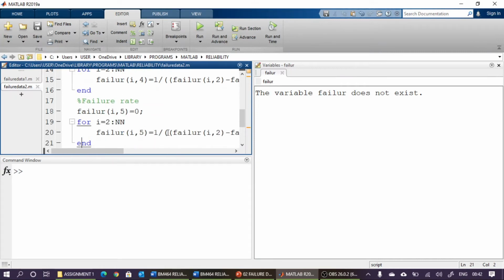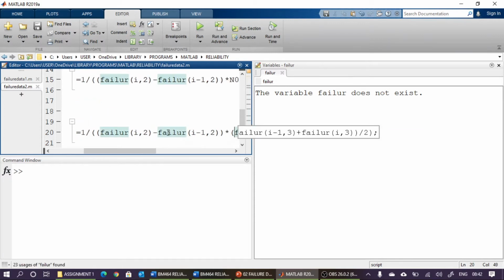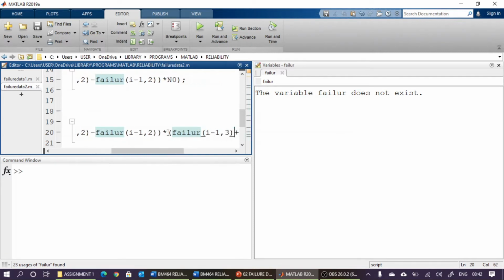Then what about the failure rate? Failure rate is again f divided by delta t, where f is 1 because we have the failure time of each component. So 1 divided by the current time minus the previous time, into the previous survival plus the current survival.